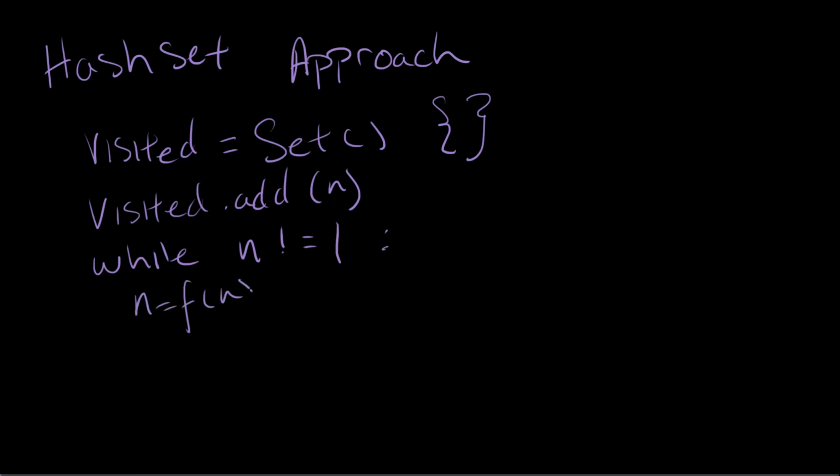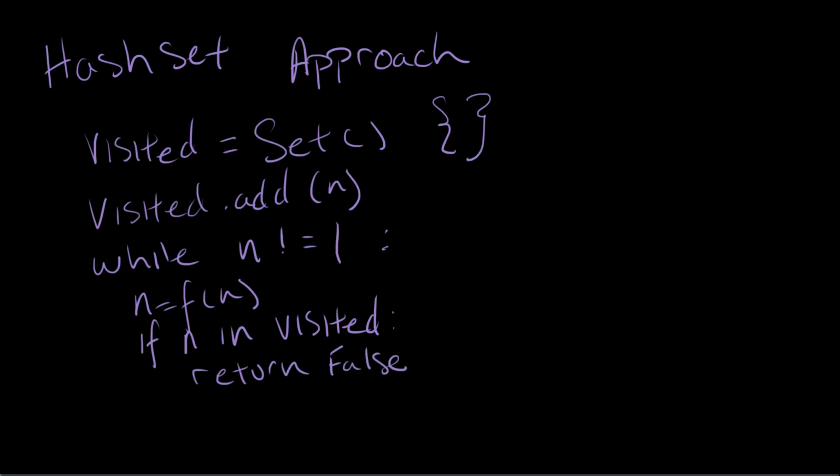So n equals f of n, meaning that we are now equal to the sum of the squares of our digits. And then we'll check for membership. So if n is in visited, then we've been here before and we are not happy. So we return false. Otherwise, we'll return true. Now our time complexity here is now O of P.